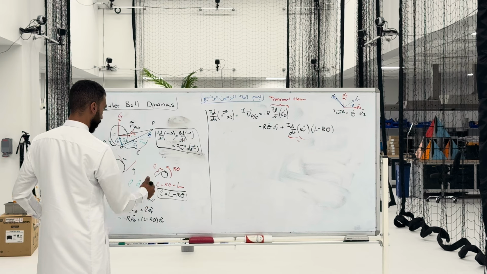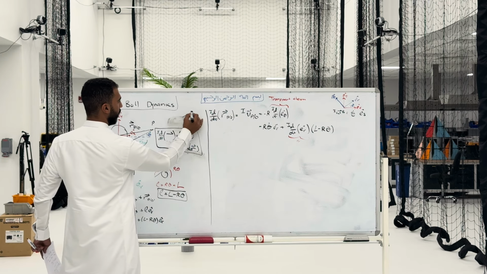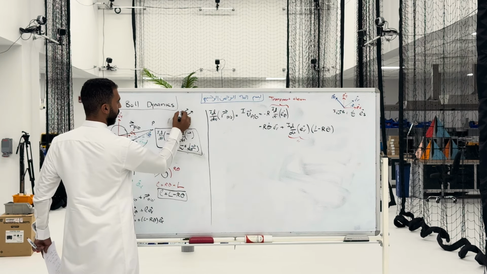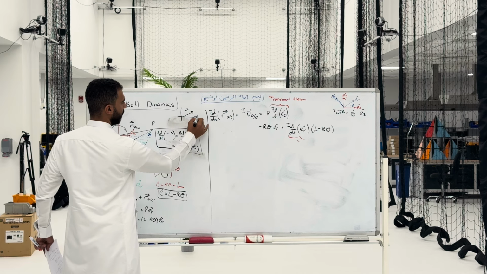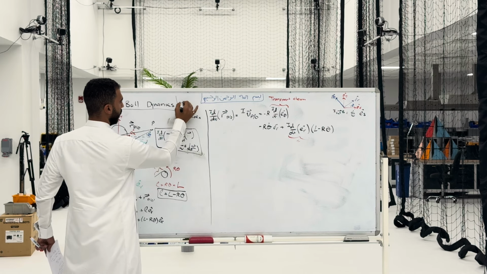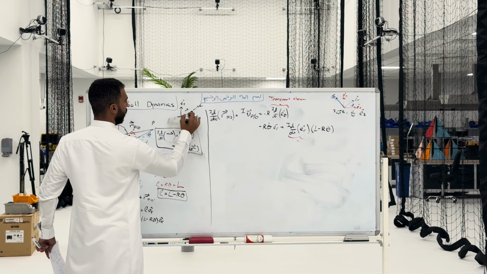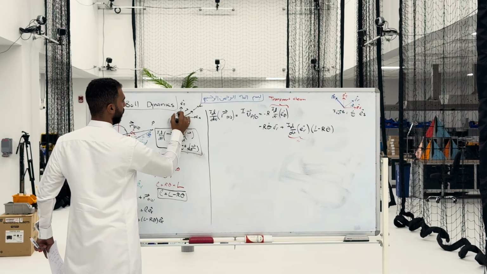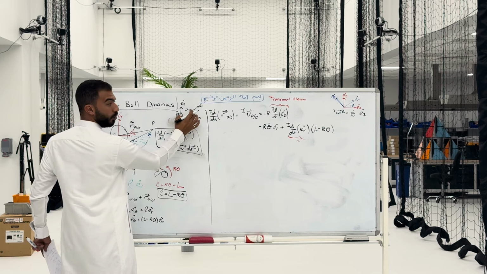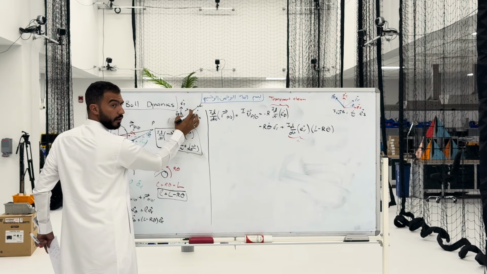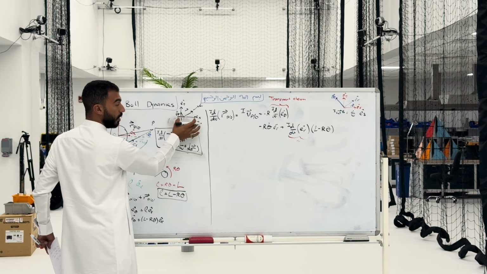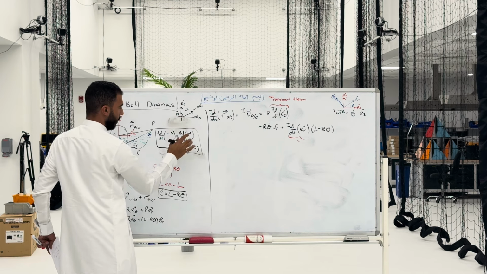So if you have a vector, let's say this is our vector, and we have reference frame EX, EY. We have a reference frame here, ER, E theta. If I want to take the inertial derivative of this vector with respect to the inertial frame, I apply this formula.